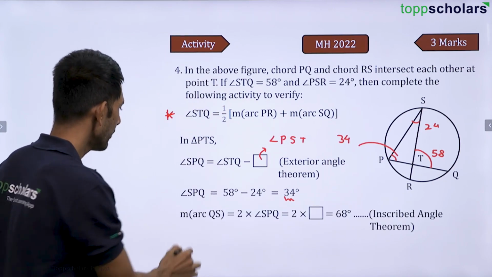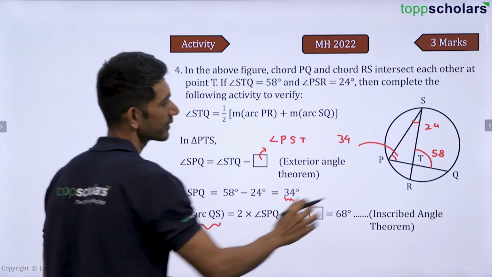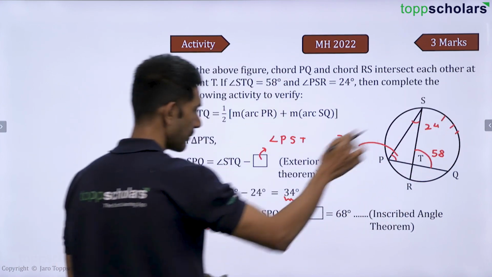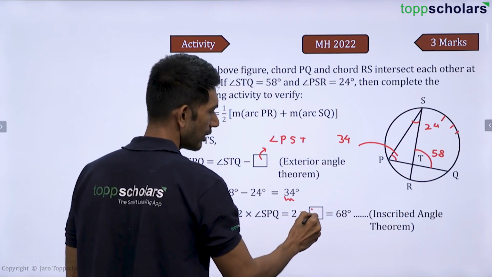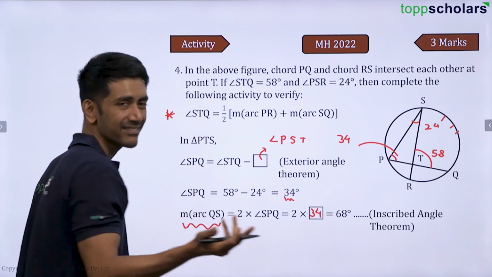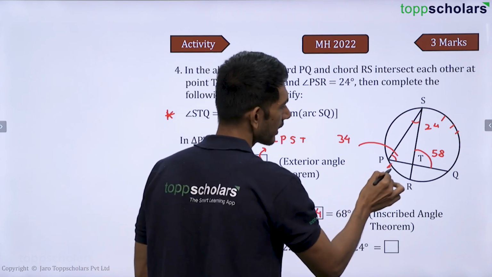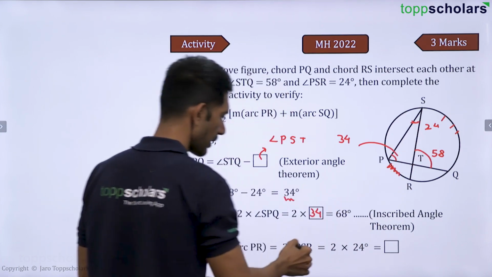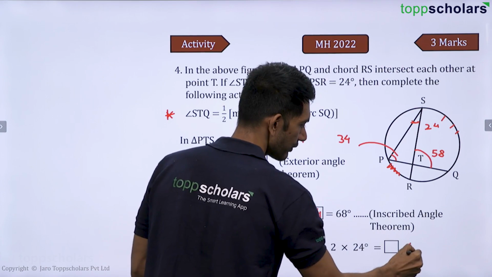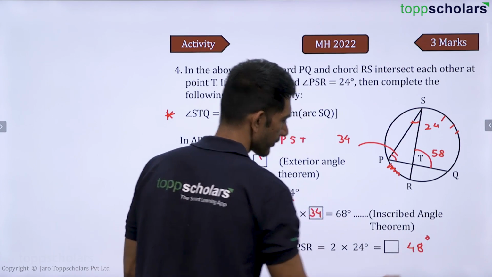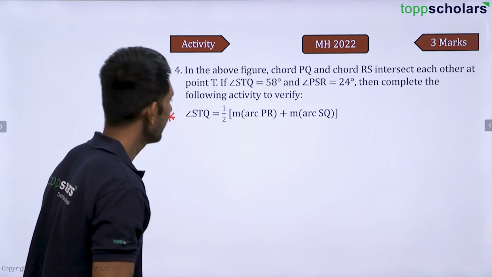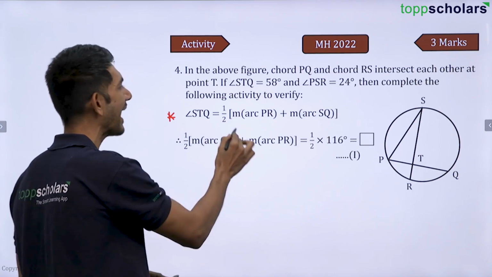Then measure of arc QS is double of 34, which is 68 by inscribed angle theorem. Similarly, measure of this arc PR will be double of 24, which is 48 degrees, correct? Then you can just add them.